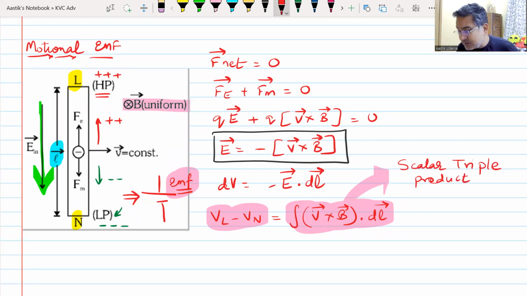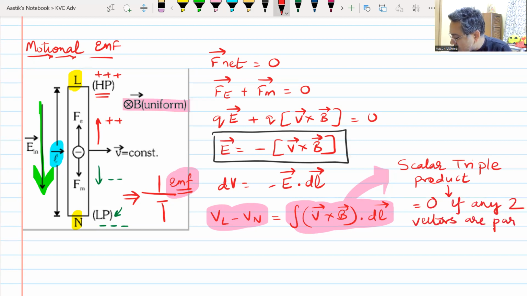Now there is a special thing that you have to remember about this scalar triple product. It becomes zero if any two vectors are parallel. Do you understand this? If any two vectors are parallel, the scalar triple product becomes zero. Do we understand this? Yes, sir.